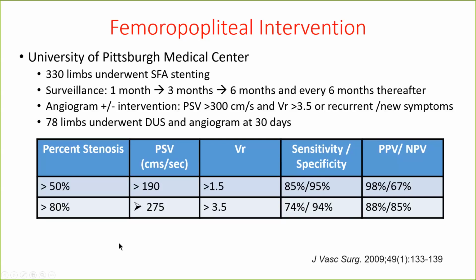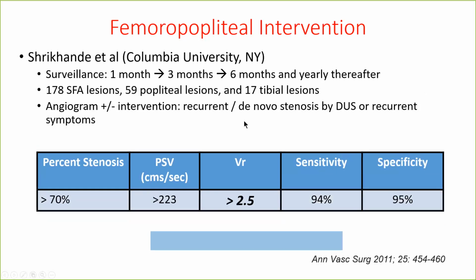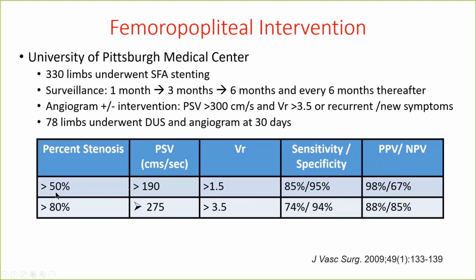What they found was that more than 50% stenosis was consistent with peak systolic velocity more than 190 with a VR of 1.5, and to identify more than 80% stenosis, a peak systolic velocity of more than 275 and a VR of more than 3.5 was typically seen.